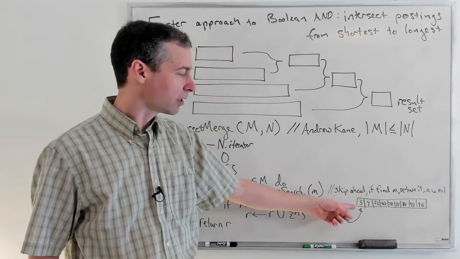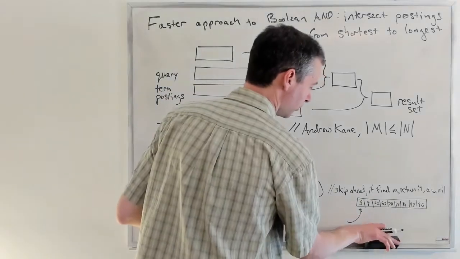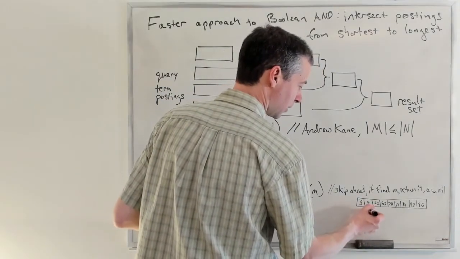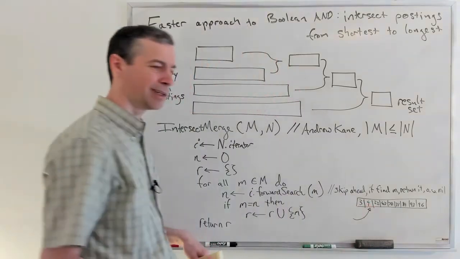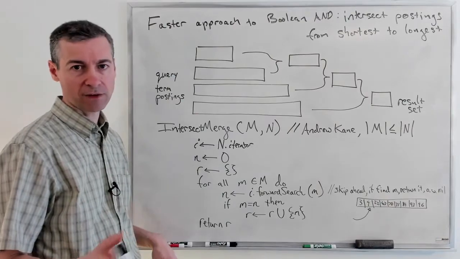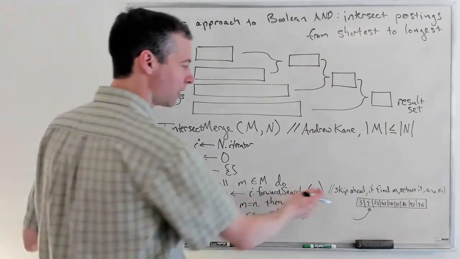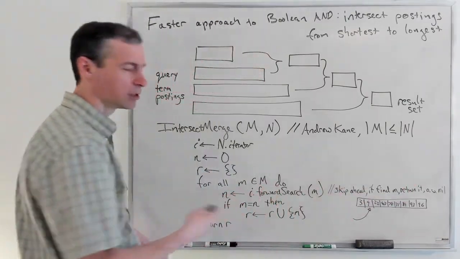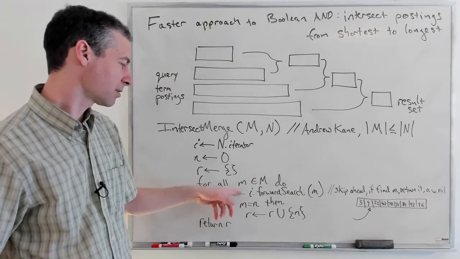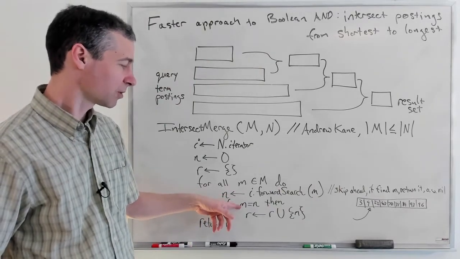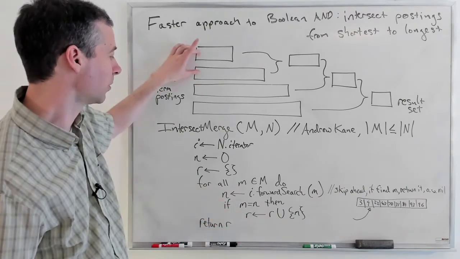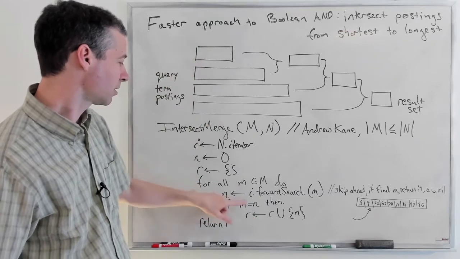So I'll move myself as the iterator forward, looking for an 8. I hit a 9. I'm going to stop there. I know I didn't have an 8 in my list, and so I'll return nil or null or something. And that's not what m is equal to. So it's not in the list, so we're not going to add it to the result set because it's not found in both of these lists. Then we continue our loop back.